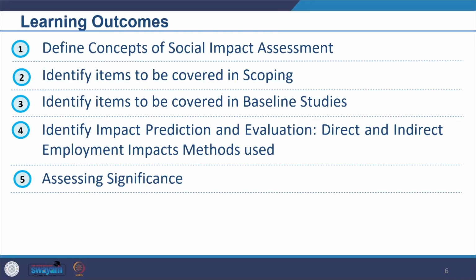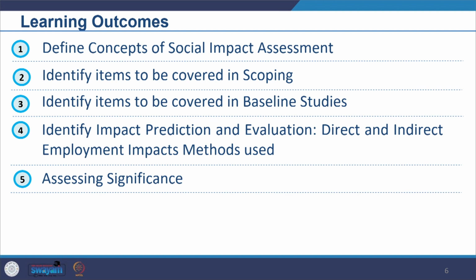Looking at the learning outcomes, what is expected of you after you complete the session is that you would be able to define the related concepts here. And then you should be able to identify the items to be covered in scoping, and similarly identify what you should cover in baseline studies and how you approach that.